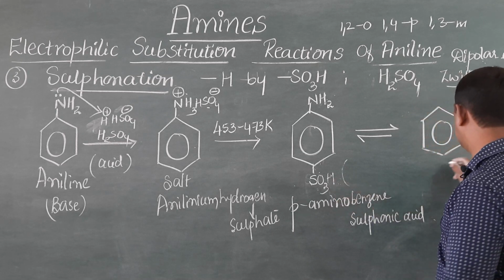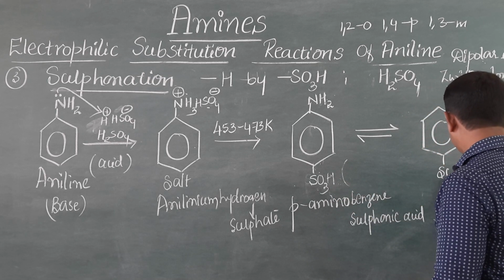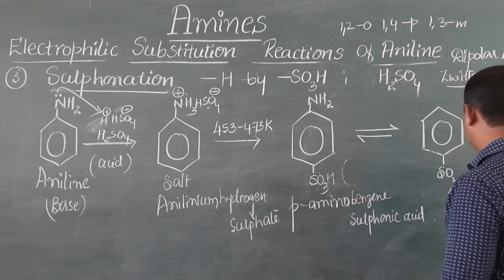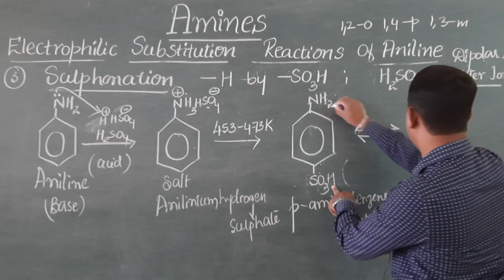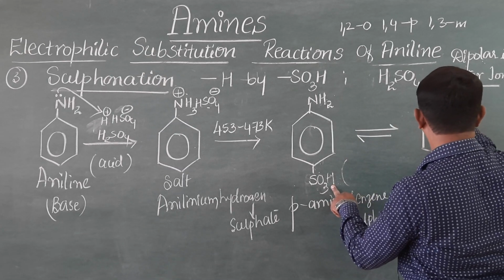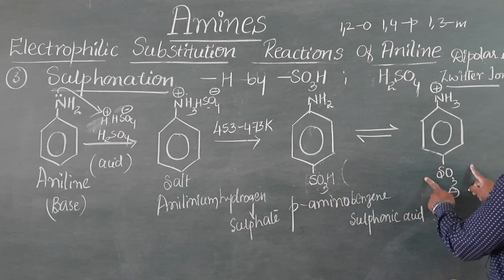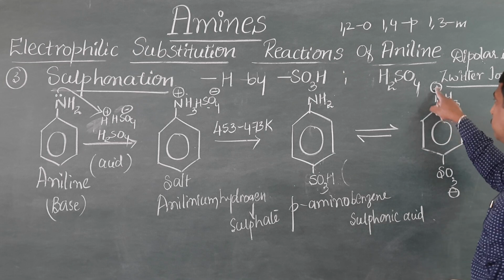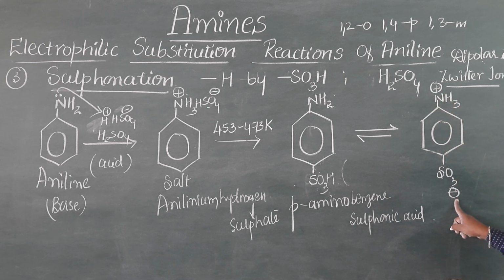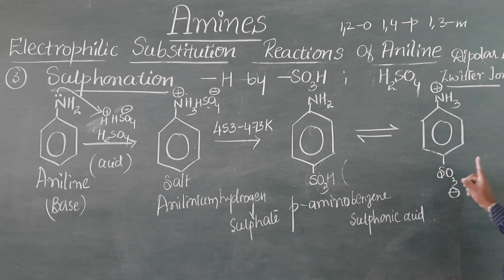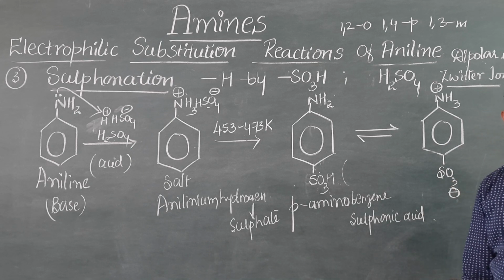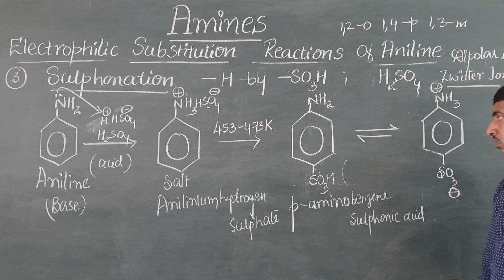It will liberate H plus. So the remaining group is SO3 minus. This H plus will be accepted by the base, that is NH2. It becomes NH3 plus. Now this molecule contains both positive charge as well as negative charge. This ion is a dipolar ion, or also called a Zwitter ion, and it is electrically neutral. Formation of dipolar ion is seen only in an aqueous solution.